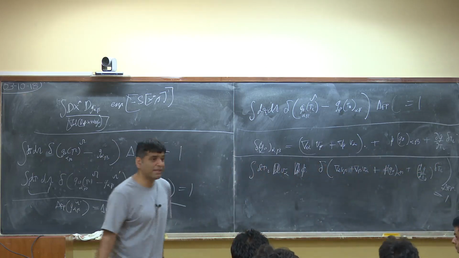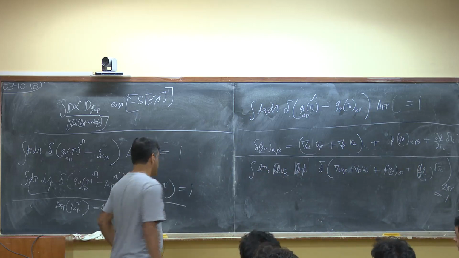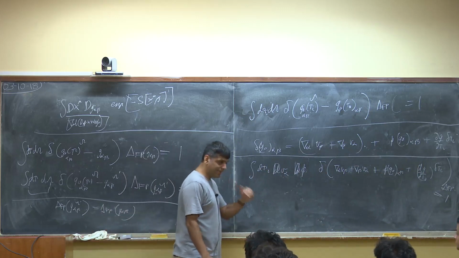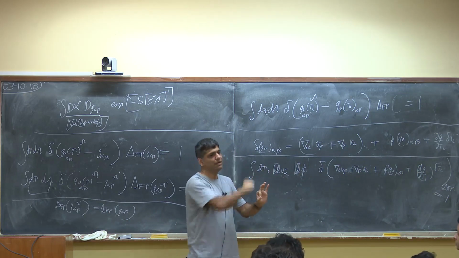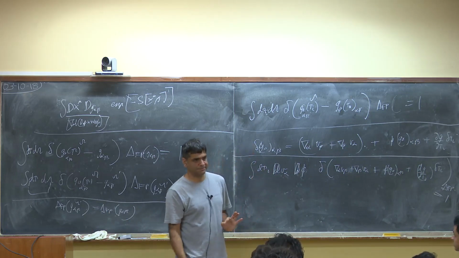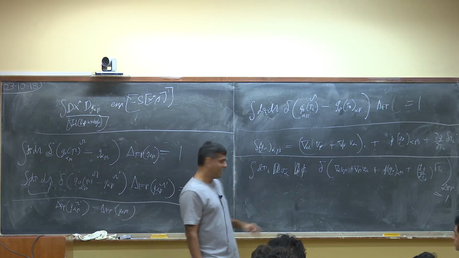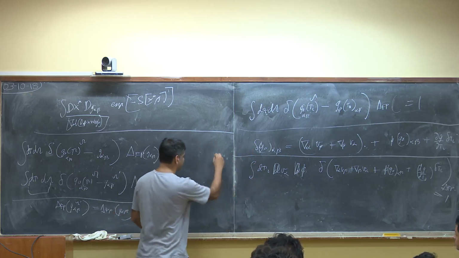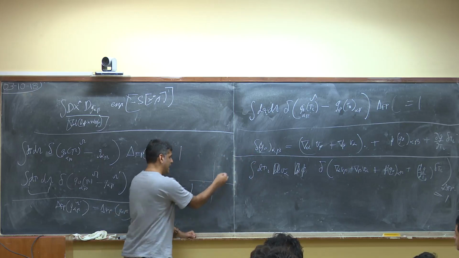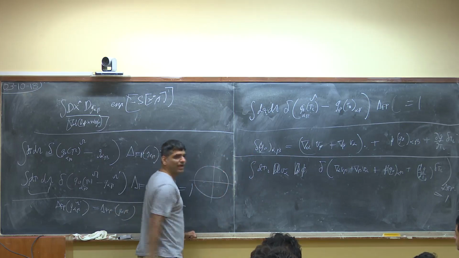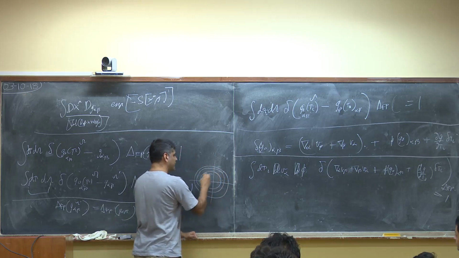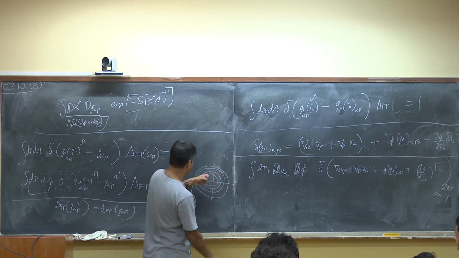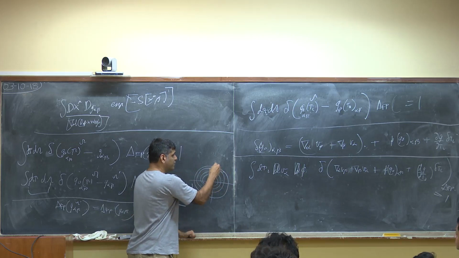Why can there be many taus? That's the question. It's because it could be that not all metrics are related to each other under Weyl diffeomorphisms. Suppose the space of metrics, and I'm drawing equivalence classes under Weyl diffeomorphisms. Suppose the equivalence classes are this shell kind of diagram. Then what we have to do is integrate.